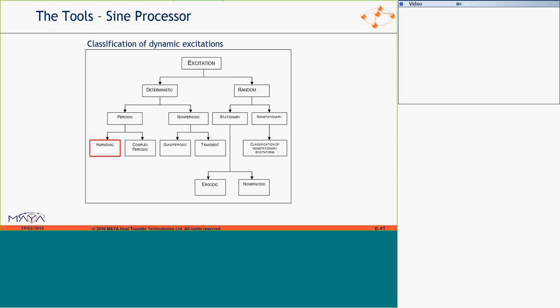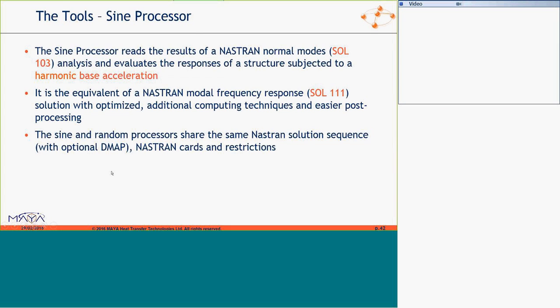So what this processor does is steady state harmonic analysis. We ignore the transient response and look at steady state. So it's a deterministic periodic signal, input and response. If it's non-periodic, you could be doing transient analysis. So in a sine test, you do this analysis.